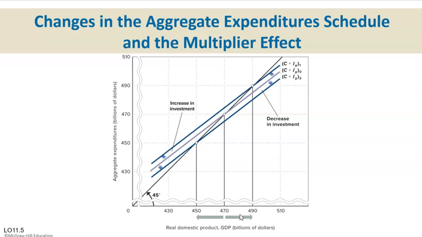Remember, they're equal to each other, so that's fine. So the bottom is going to tell us the GDP level. On the vertical axis, we have aggregate expenditures. So now, instead of only having consumption over here, we'll add up any of the pieces that we have. So consumption plus investment plus government spending plus net exports.